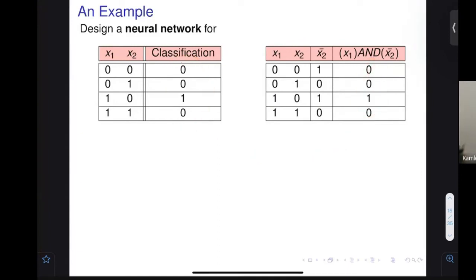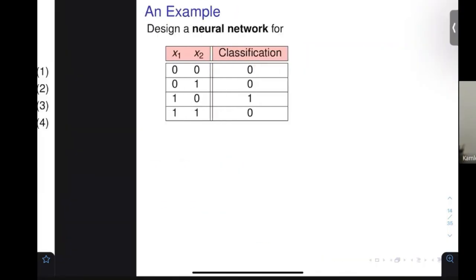So what it says is, take x1, take x2, and convert it to x2 bar. How can you convert this to x2 bar? You know that if you want to convert it to x2 bar, you apply a weight of 10 and minus 20. Can we go back and see once again?